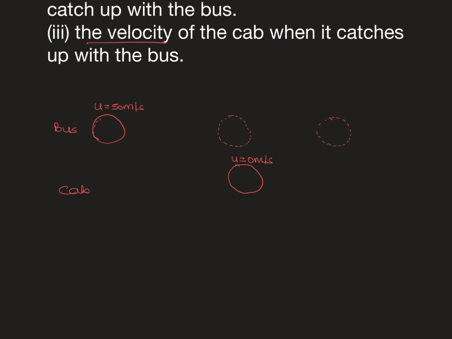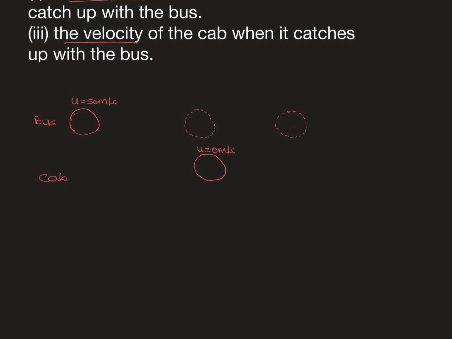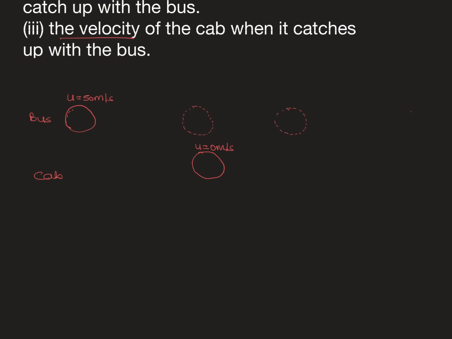It is only when the bus is at this position, that is after 8 seconds, that the taxi cab begins to move. So it is asking us the time taken for the bus and the taxi cab to catch up. That is, the bus and the taxi cab will be in the same position.